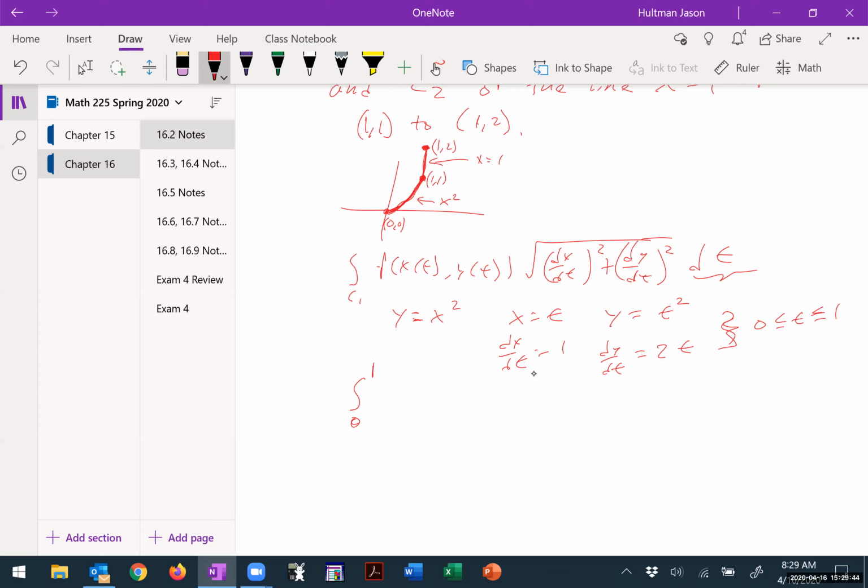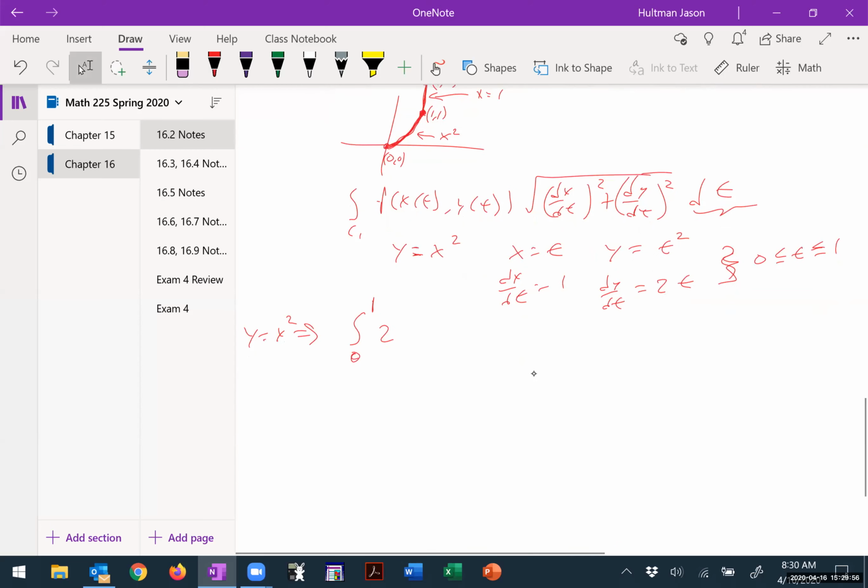It was 2x, and x was t, so 2t, and then we want the square root of dx dt, which was 1 squared, plus dy dt, which is 2t squared, dt.